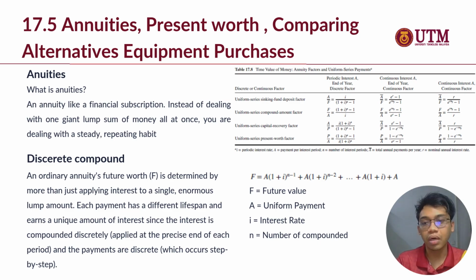So next we move to discrete compounding. What is discrete compounding? An ordinary annuity for future worth F is determined by more than just applying interest to a single enormous lump amount.